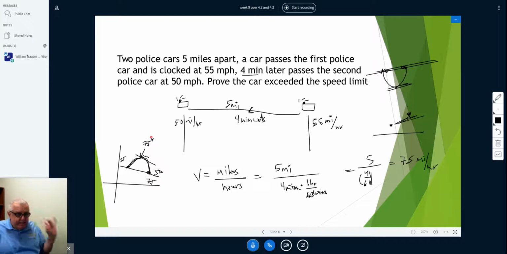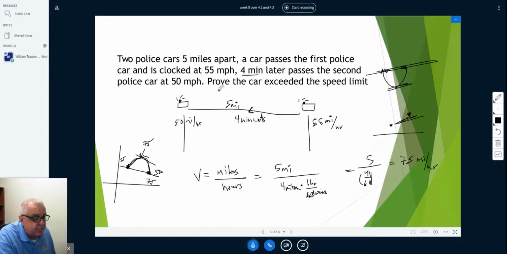But the police can only prove 75 because that's your average speed. Even though you went faster, they can only mathematically prove that you went 75. So you do get a ticket for 75. If you have 75 between the average here and you were clocked at 55 and 50, at some point you went more than 75 to get that average up there.